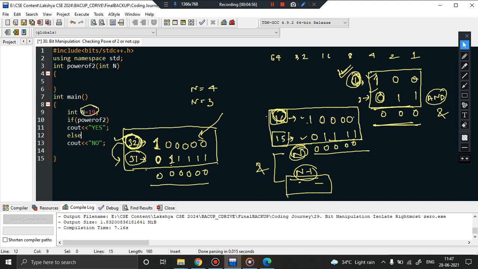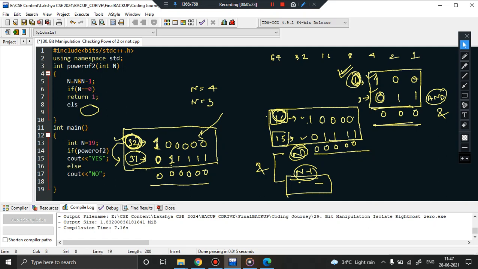And how will the power of 2 function operate? It will receive the value n, and it will say n is equal to n and n minus 1. And if we find that n is now equal to 0, return 1 or true, else return 0.